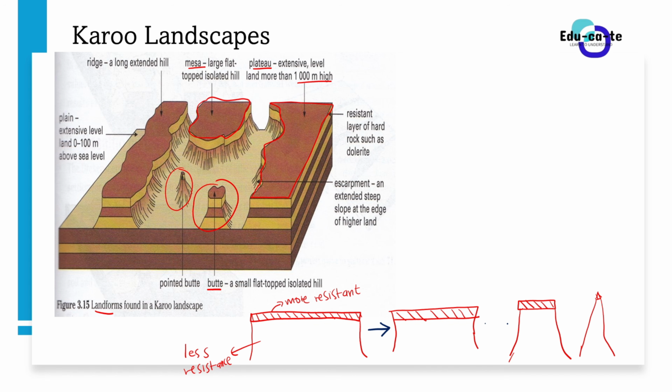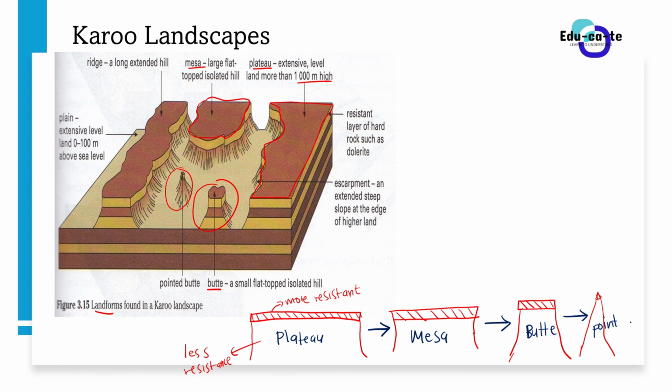The mesa becomes a butte. The butte becomes a pointed butte. So they develop from each other. It starts as a plateau, then becomes a mesa, then the mesa changes and becomes a butte, and then the butte changes and becomes a pointed butte.